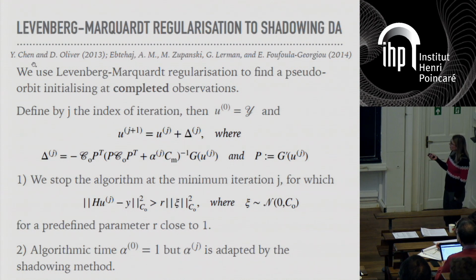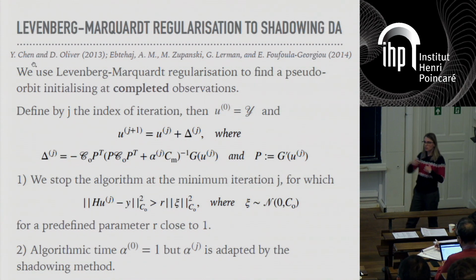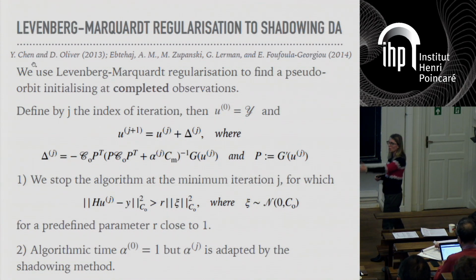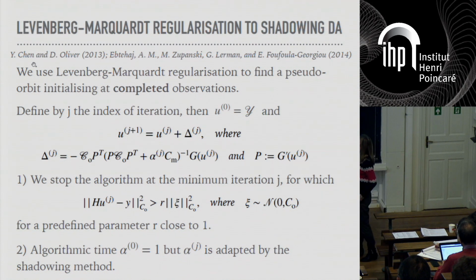The second thing that we need to take care of is this algorithmic time. What it does is basically ensure that this delta correction is not big enough that we jump far away from the observation.